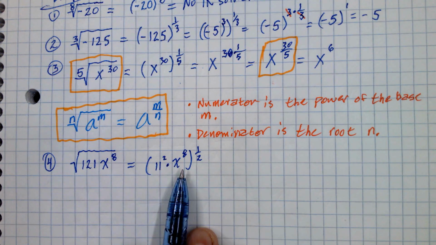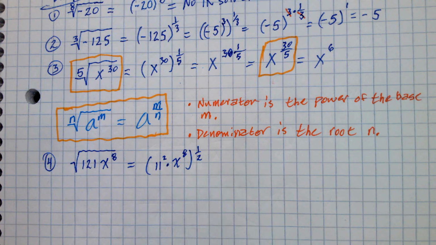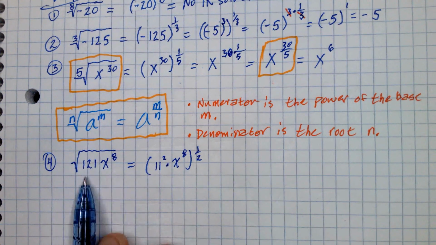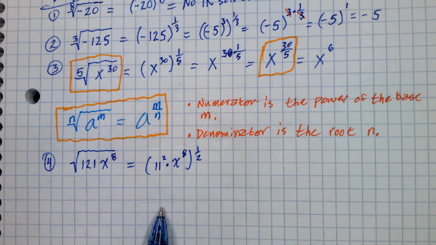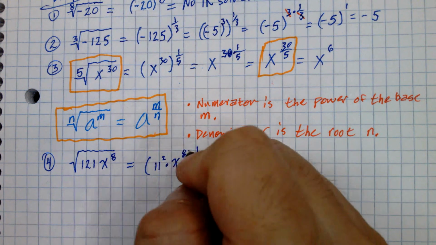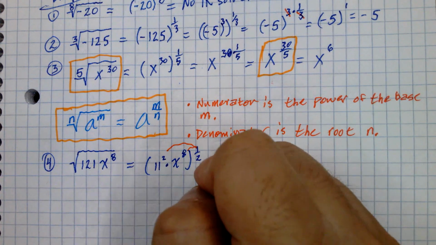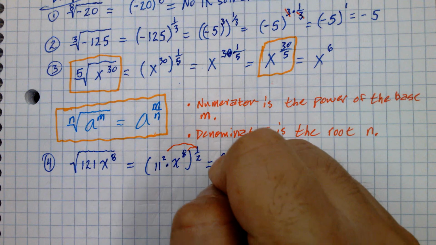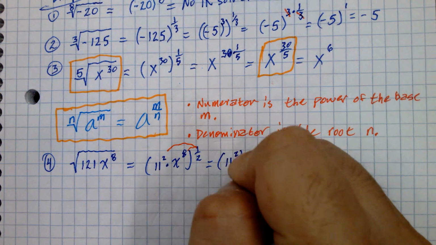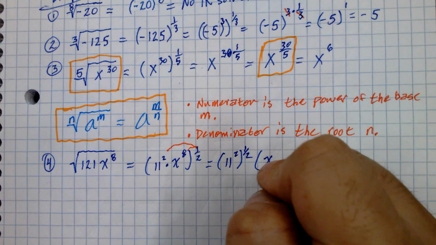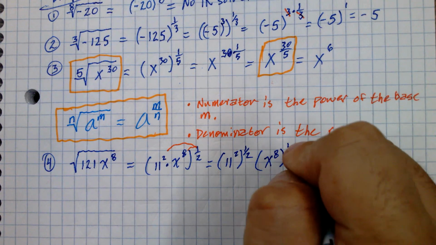Everyone see how I got all that? Instead of having the square root symbol, I'm using this 1/2 power. Now we're going to distribute, we're going to share that. So this becomes 11 squared to the 1/2 and x to the 8th to the 1/2.